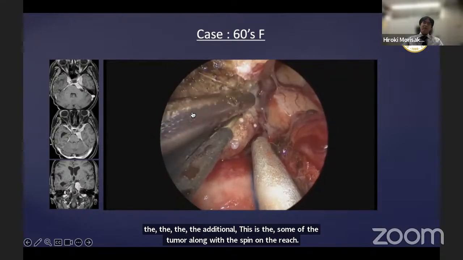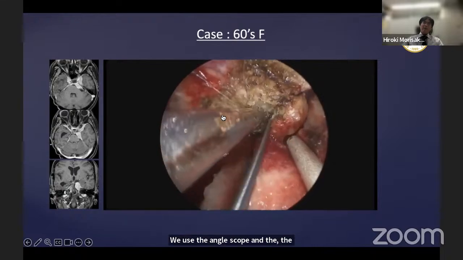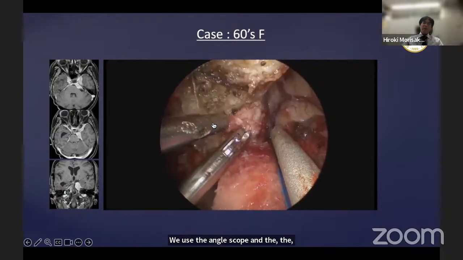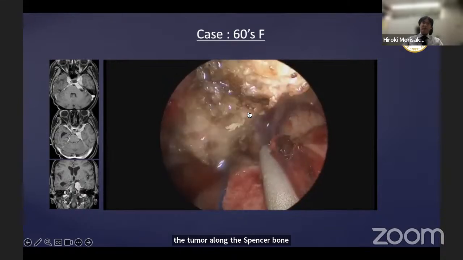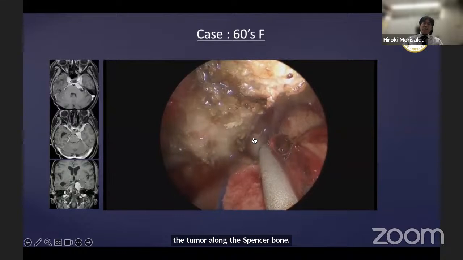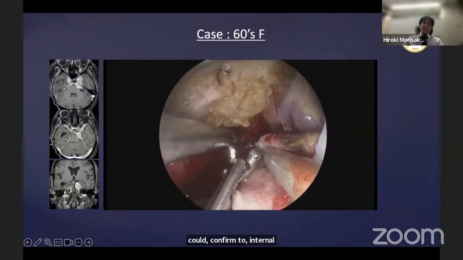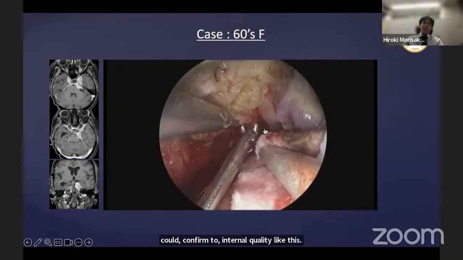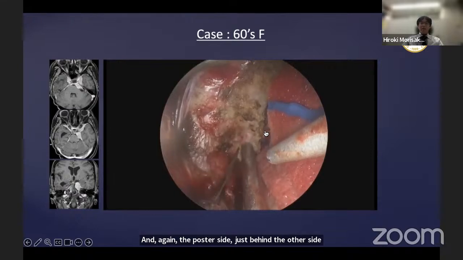We use the angled scope and remove the anterior side of the tumor along the sphenoid bone. And after removal of this part of the tumor, we could confirm the internal carotid artery like this. And again, the posterior side, just behind the caudal side of the oculomotor nerve.